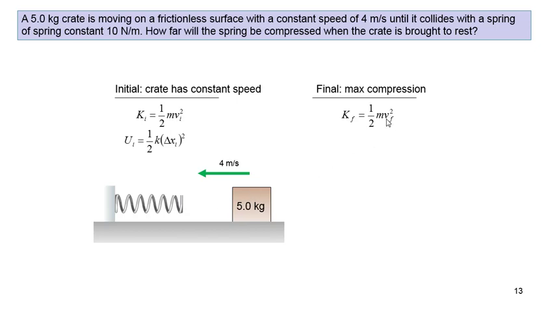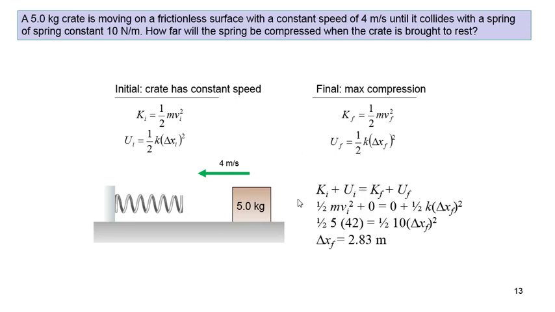So v final is 0. And then my U final, again the elastic potential energy stored in a spring, is 1/2 k times delta x final squared. And this delta x final is what they're asking for: the distance the spring is compressed at maximum compression.